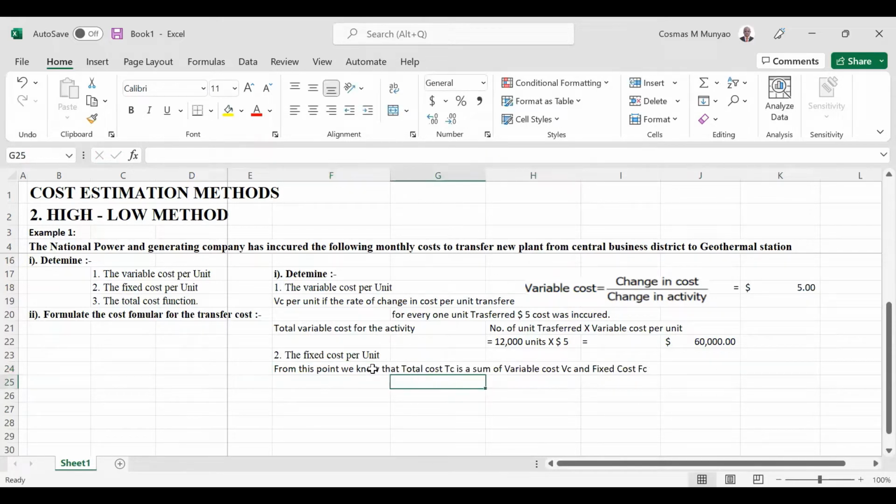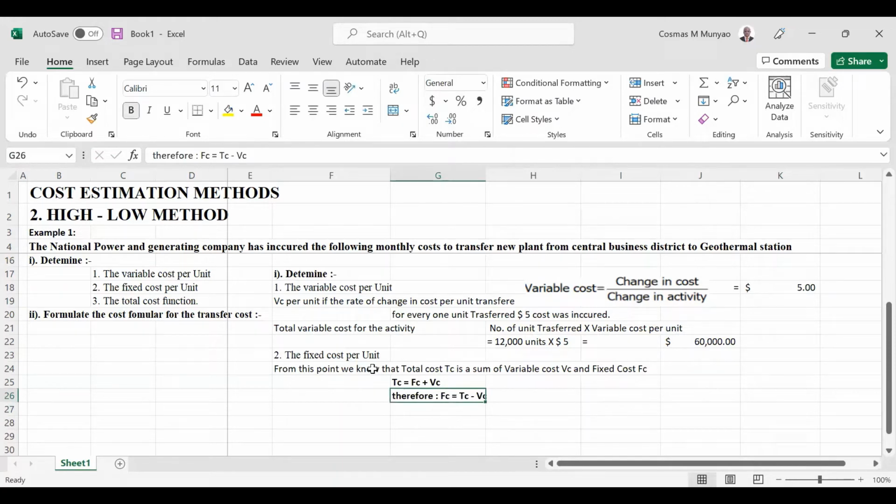So total costs equals fixed costs plus variable costs, right? Using this formula, fixed cost equals total costs minus variable costs.